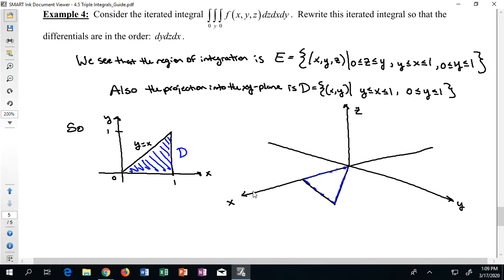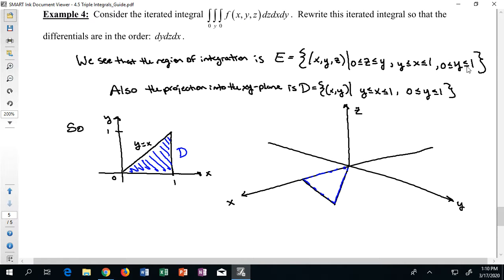And what I can start to tell is that the bounds on Z are going to help me understand how the ceiling of this works. Notice the lowest that Z can go is 0, but the highest it can go is Y. So you'll notice then that the closer I am to the x-axis, the smaller Y is, the smaller the ceiling gets. But as I continue to step into this region, moving down the y-axis, my ceiling should get higher.